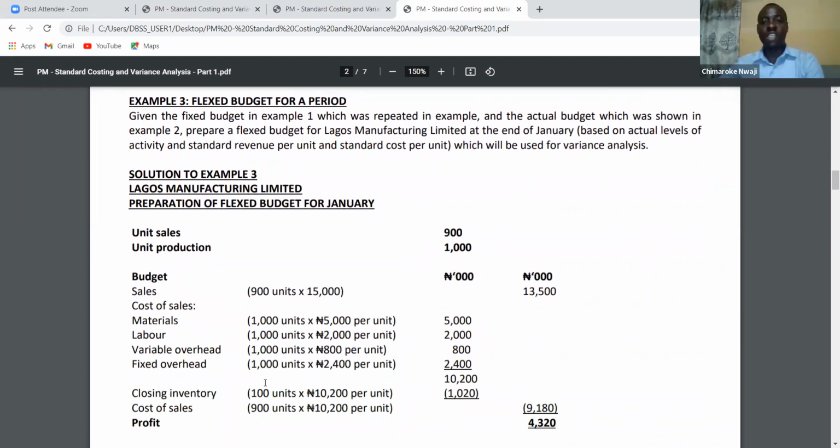It is not rigid. Given the fixed budget in example 1, which is repeated in example 2, and the actual budget, which was shown in example 2, prepare a flexed budget for Lagos Manufacturing Limited at the end of January, based on the actual level of activity and standard revenue per unit and standard cost per unit, which will be used for variance analysis.